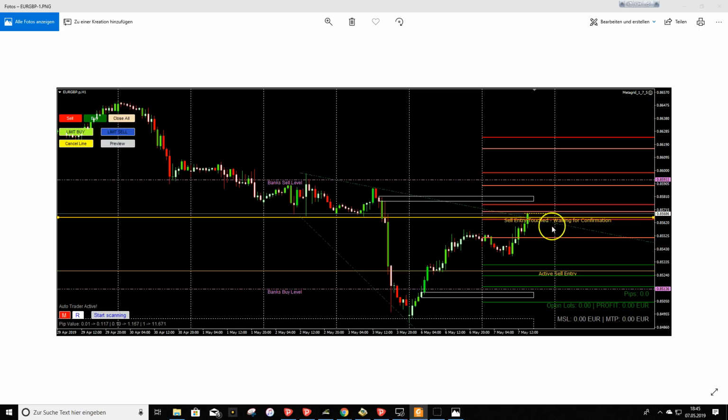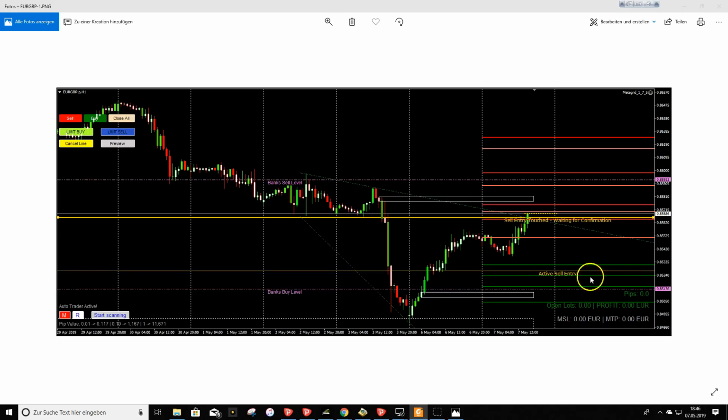You can see it says here sell entry touched, waiting for confirmation, and at this stage where price was here, Metagrid already confirmed this trade, that a sell is likely to happen, and placed an active sell entry line far away. This shows that Metagrid tells you, yes, I can confirm there is a possible sell at this area, but I still wait to go in.